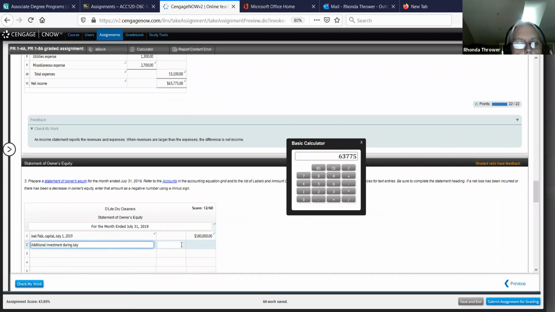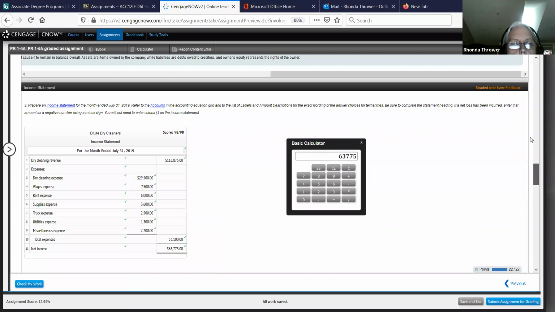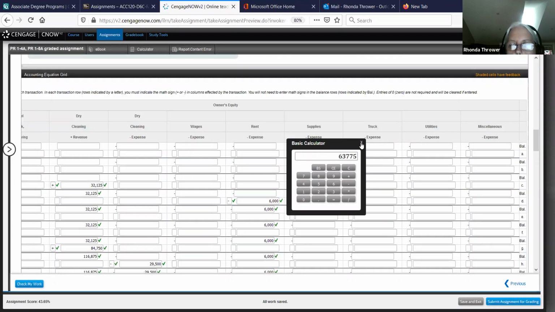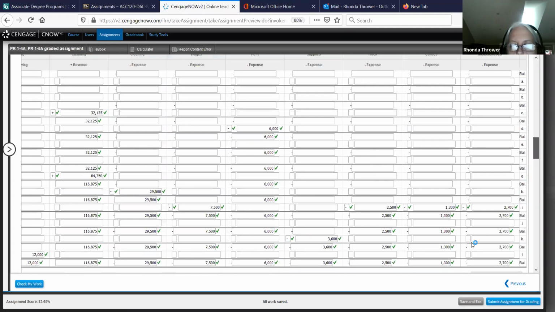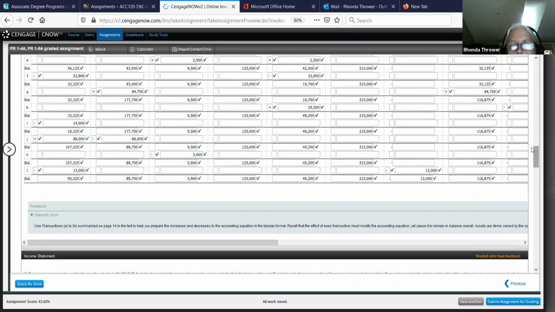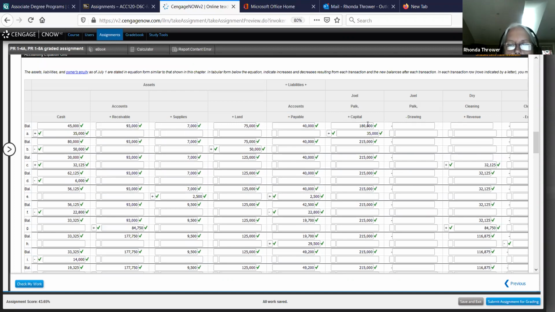And that additional investment is going to come from our transactions. So I'm going to scroll over for just a minute so we can see where we're at. We need to look for the capital account. And you see this was the balance of the capital account, which was 180,000. That came from last period. That's what we had to figure out.